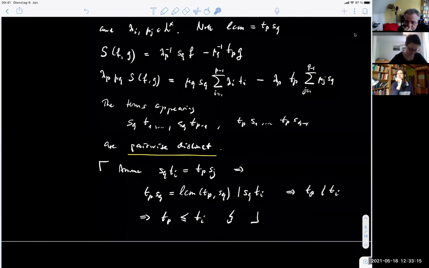But you see, my argument was this. You see this term. This term is a multiple of T_P, and it's a multiple of S_Q. So therefore. Okay.